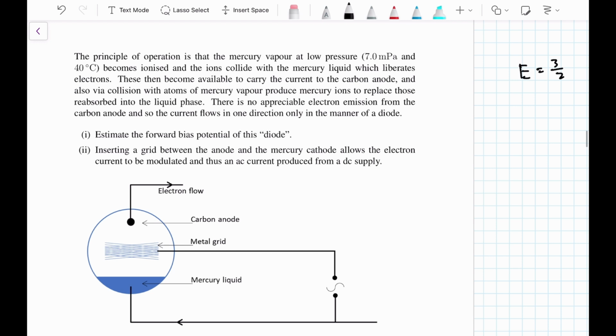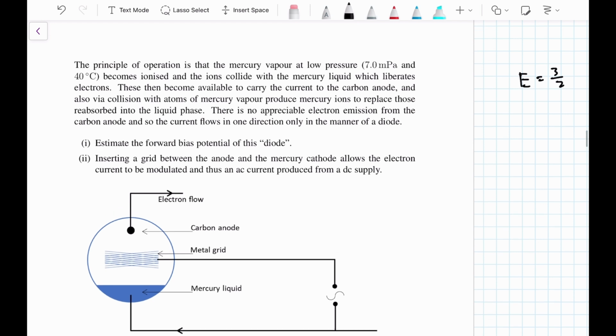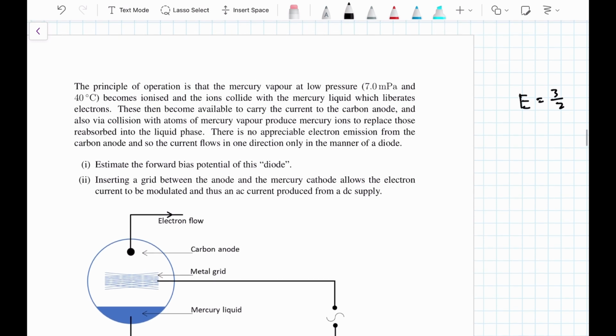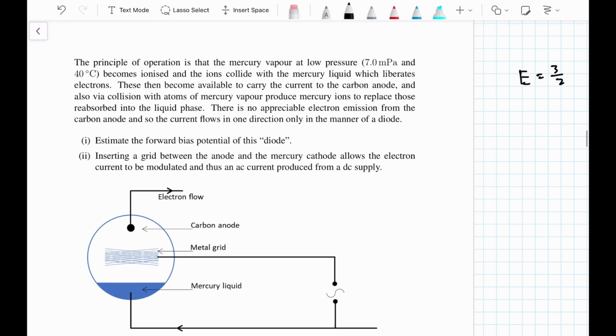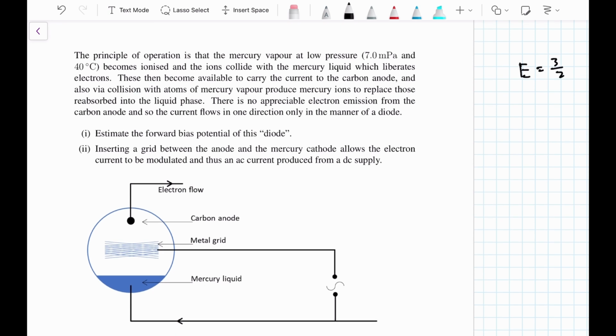However, we've only been given the pressure and the temperature. It didn't give the volume. Then it becomes a little bit more complicated to do this.